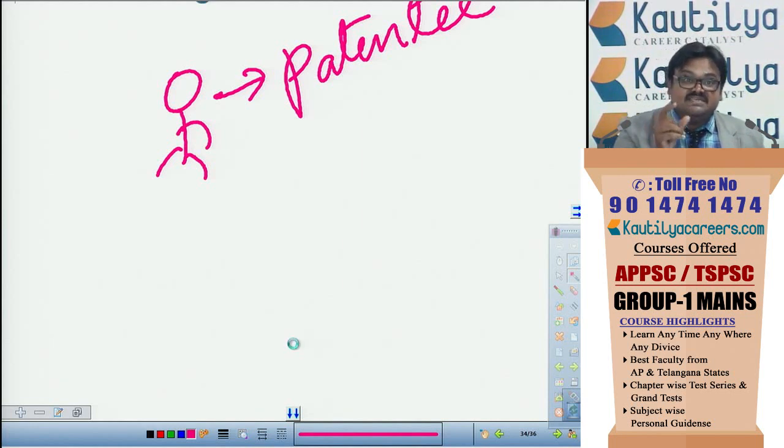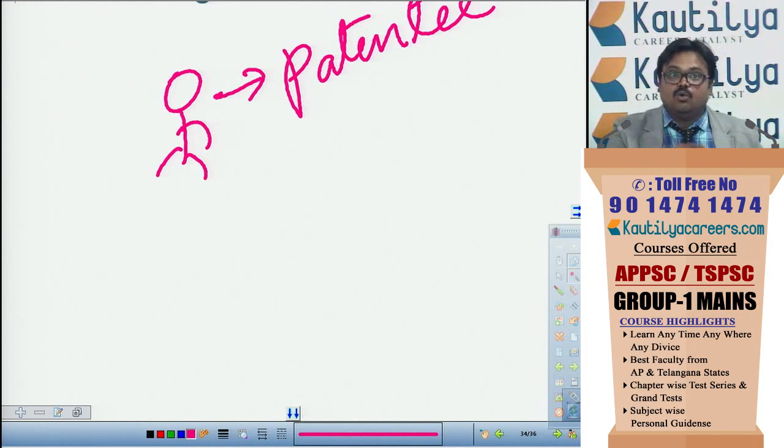Now let us take a specific example of pharmaceuticals. Pharmaceutical companies produce medicines, and if I produce a medicine related to cancer or AIDS or any other disease, and I get a patent for it, and I do not use that patent to produce the medicine in adequate numbers, what will happen?